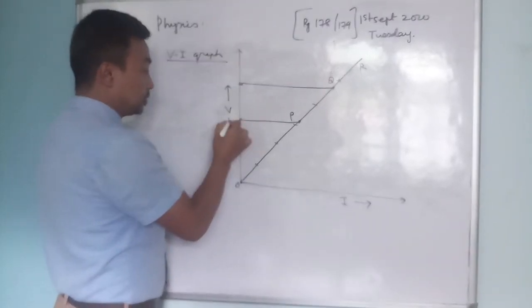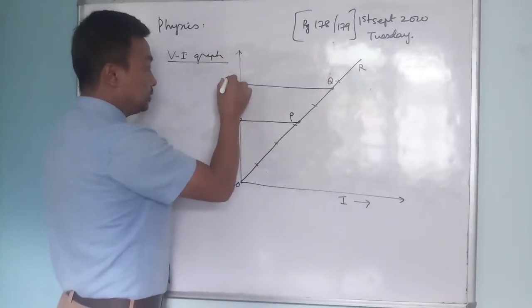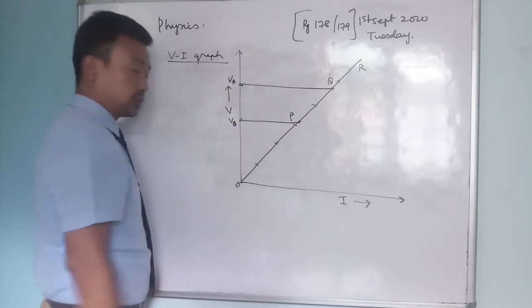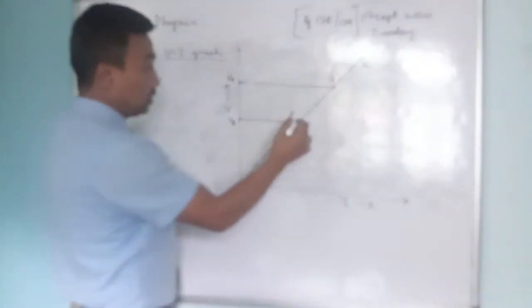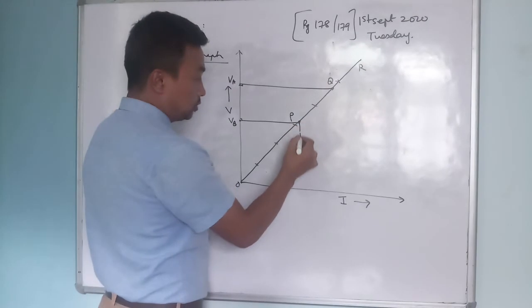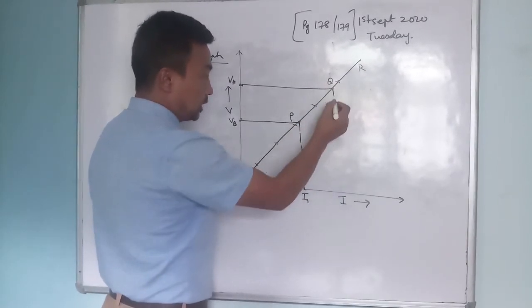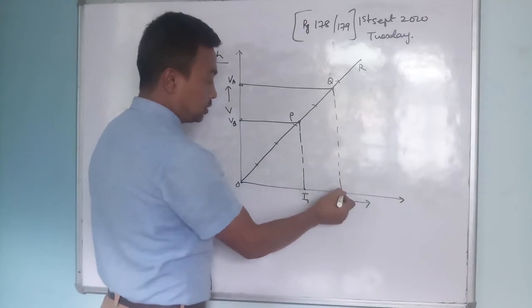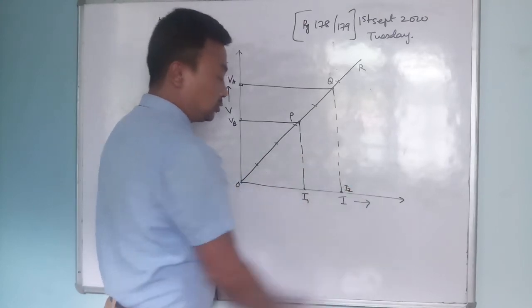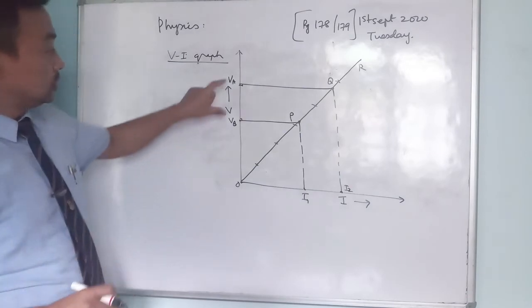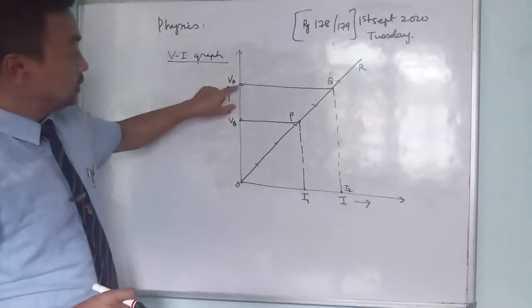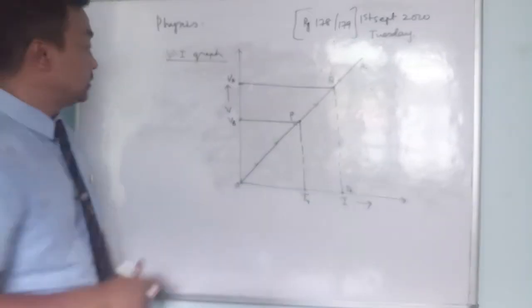Let us say these are VB and VA, for example, the readings. And similarly along the x-axis you drop perpendiculars, let us say I1 and I2. Now you will find that there is a difference in the readings.